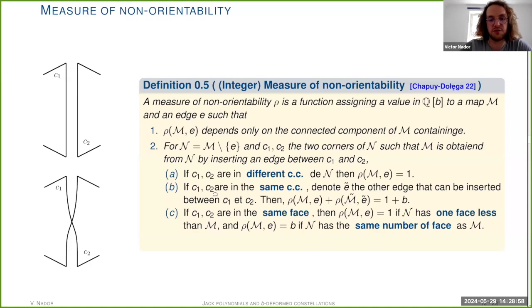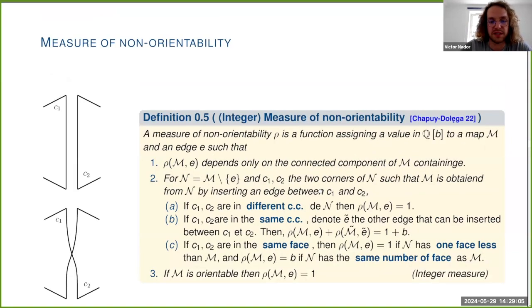To have a model on which you can actually compute things, I'm going to make the second definition more precise by imposing that if my map is orientable, then I want the weight to be 1. By playing with this condition, this gives an explicit formula to compute the weight for all maps.